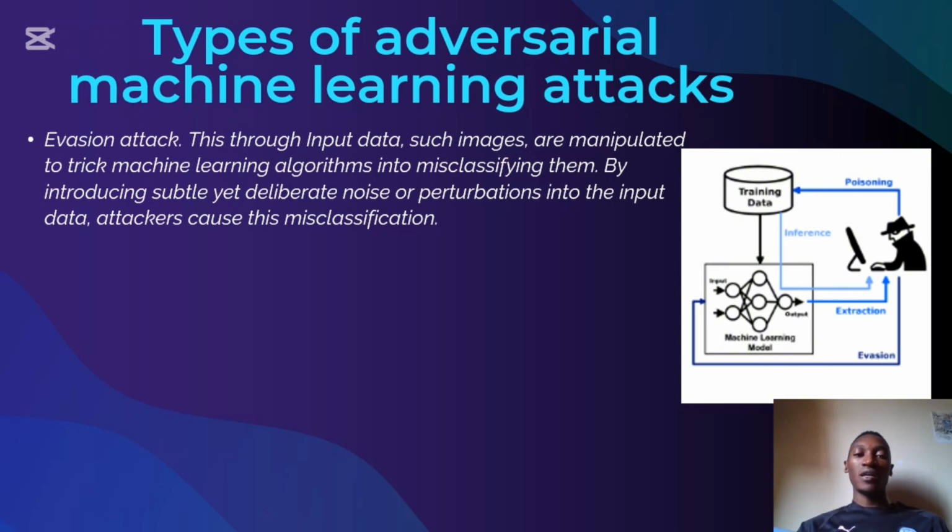The evasion attack occurs in a situation where the data or input of a machine learning model is manipulated or tricked so that the algorithm misclassifies it. In this case, the attacker deliberately makes changes within the images or the audio or any data, be it numerical data or anything that is going to be fed into the model, and then it will be altered, and the model will misclassify it.